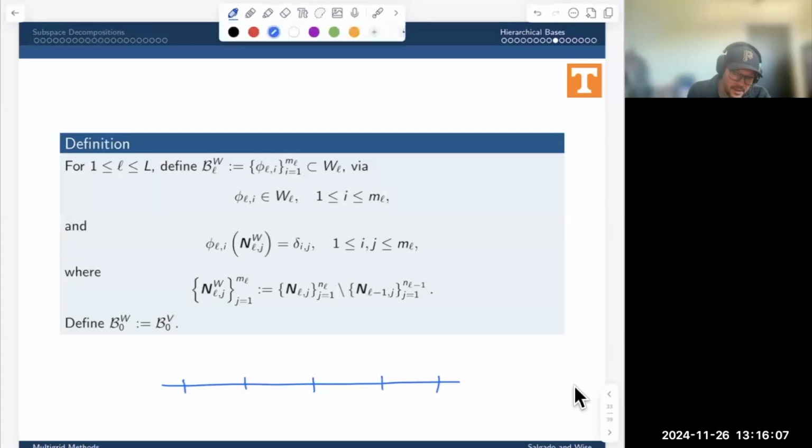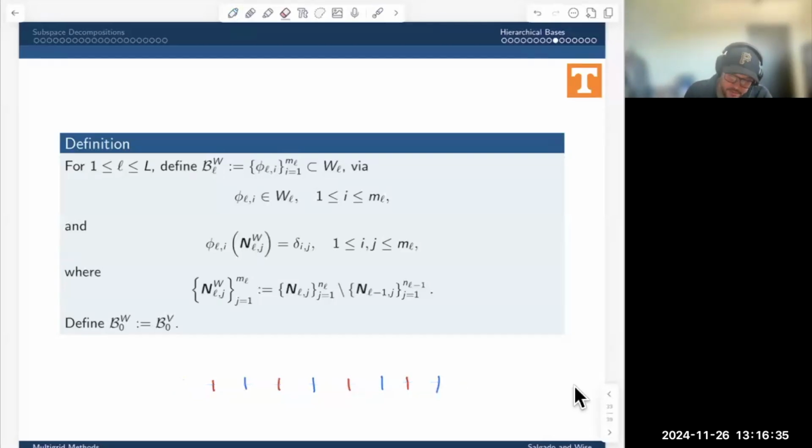Okay, now to get the next level of refinement, I'm going to refine with these red marks. All right, so now all the points in N_{L-1}, those are precisely these blue points, except for the boundary blue points. Let's actually color the boundary points differently.